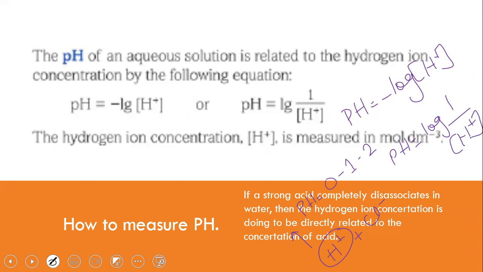Both formulas are applicable and the concentration of hydrogen ions will be in mol per dm3. So either we can do 1 upon hydrogen ion concentration and then take the log to calculate the pH, or we can do minus log of the hydrogen ion concentration. Both formulas are correct. Both formulas are applicable.